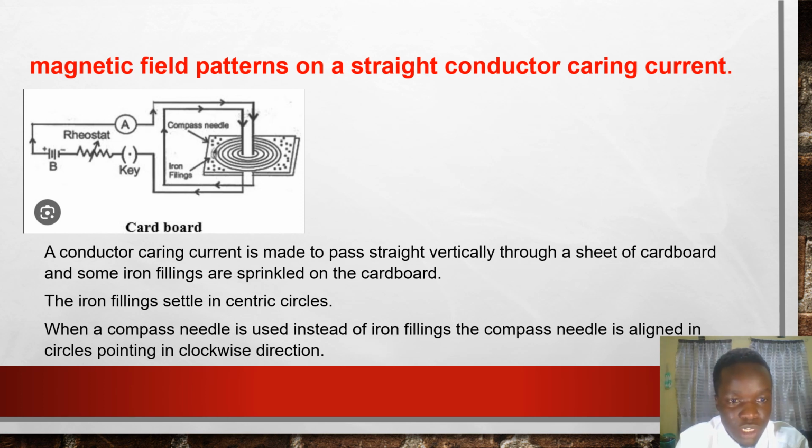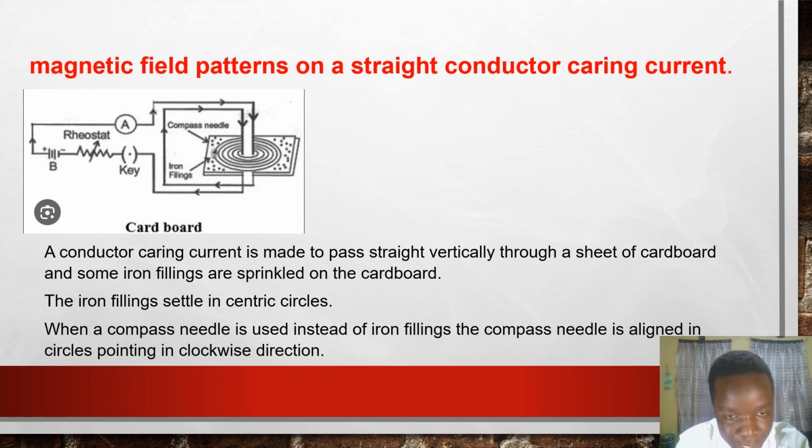Here is a rheostat, whose main function is to control the amount of current. Here is an ammeter, which measures the amount of current. These are the connecting wires, which are conductors of electricity. This allows the current to pass freely from one terminal of the battery to another.